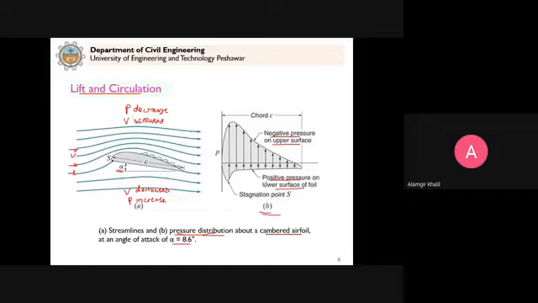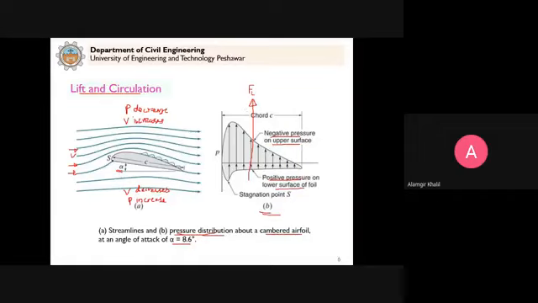So because we have high pressure at the lower surface and low pressure at the upper surface, there will be a tendency that a net force will be created in the upward direction. Because of this pressure difference, if we did not have a pressure difference, there would be no force acting. So because of this pressure difference, a net force will be developed in the upward direction.